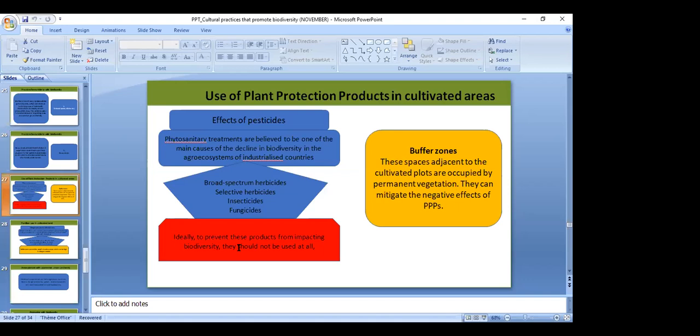Because of the consistent use of chemicals, plant protection products, we have seen a case of what we refer to as eutrophication, where there is leaching, and you have numerous nutrients when some of these chemicals are leached away to the river. So we have the sporadic growth of algae in the river, which is not good enough.